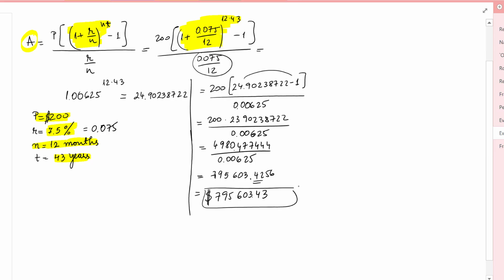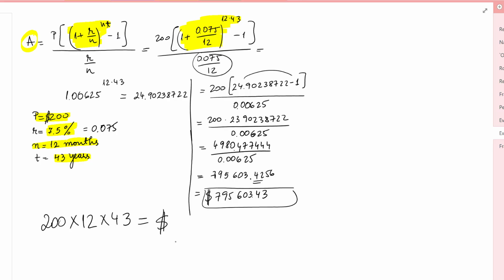And you know, you're going to learn in chapter 8 also, well, that's a lot of money, right? And $200 every month to put in an account, it's relatively not that much. So basically, if you do 200 times every month, so 12 months times 43 years, well, how much money out of pocket are you actually putting in that account? Let me do that computation really quick. So 200 times 12 times 43.